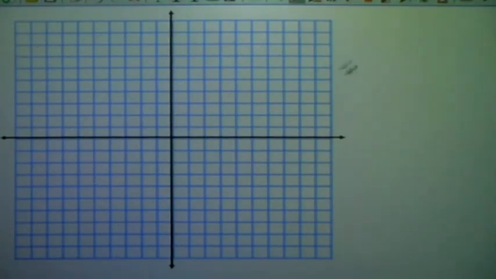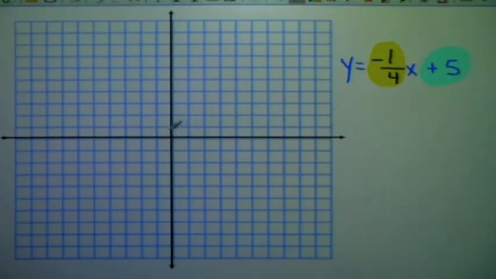Let's say our equation is y equals negative 1/4 x plus 5. Again, you really get two pieces of information, the slope and the y-intercept. We'll begin by graphing the y-intercept.